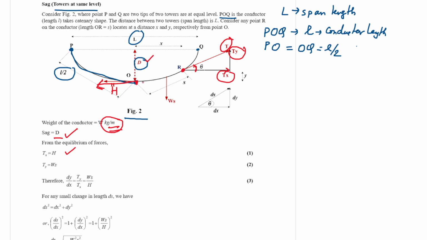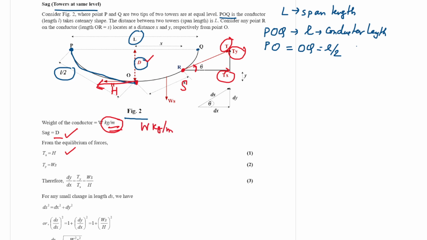Similarly, let us say the distance from O to R is S. The weight of the conductor we have assumed is W kg per meter.